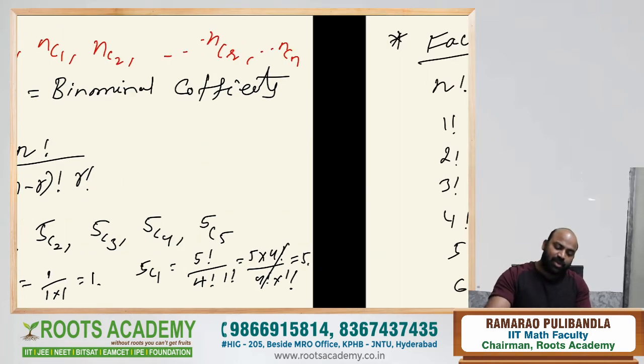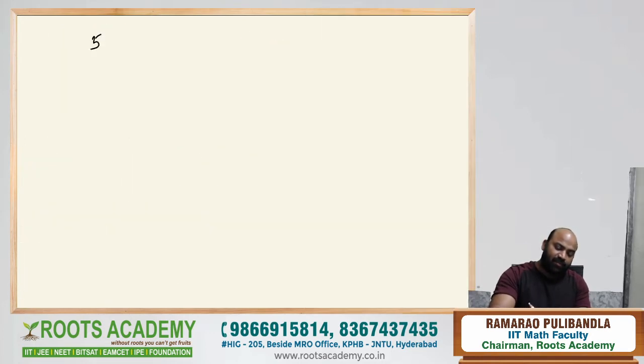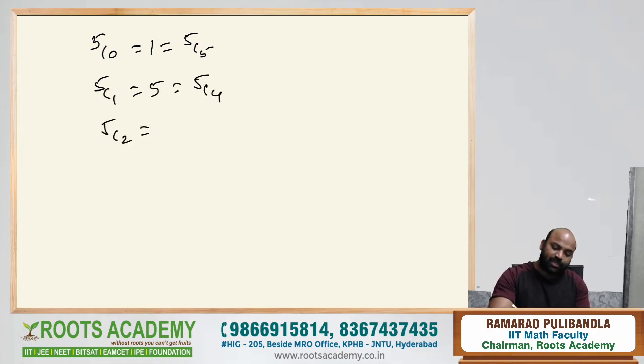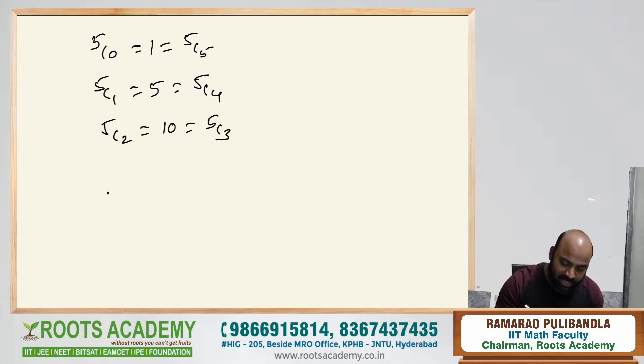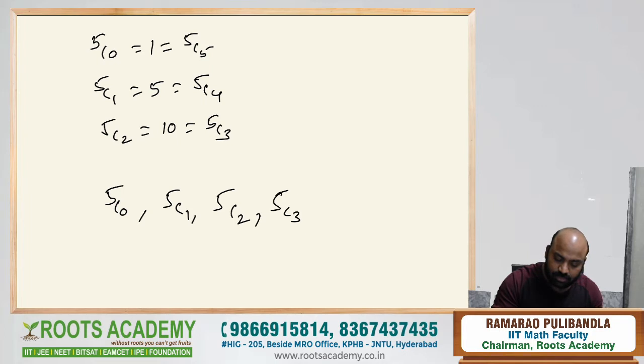Here our observation is that 5c0 is 1, which is equal to 5c5. And 5c1 is 5, which is 5c4. 5c2 is 10, which is 5c3. So from equidistant terms, the coefficients are always equal.